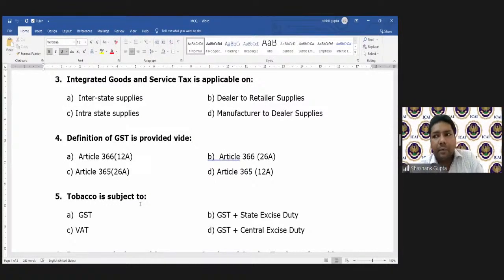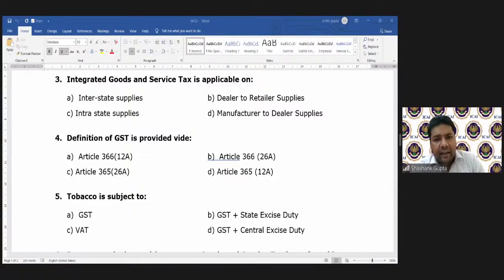Definition of GST is provided by A, Article 366(12)(a), B, Article 366(26)(a), C, Article 365(26)(a), or D, Article 365(12)(a). Correct answer, please. More people need to answer.